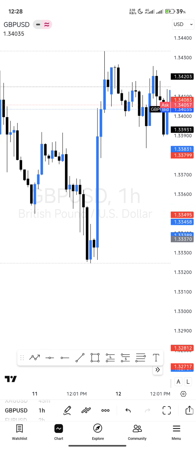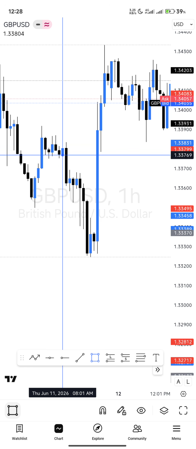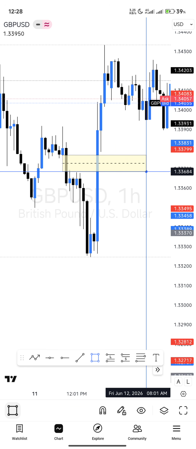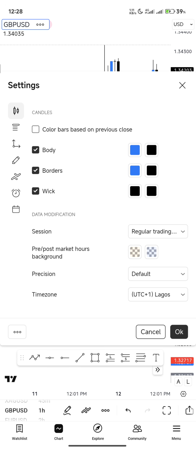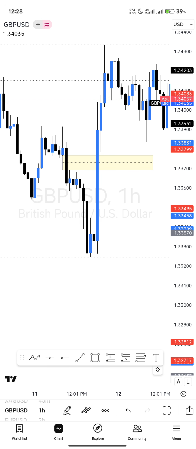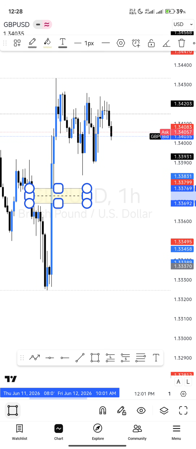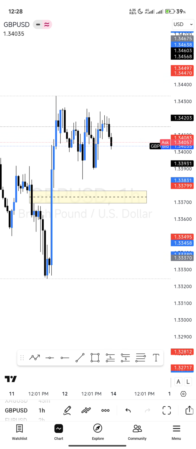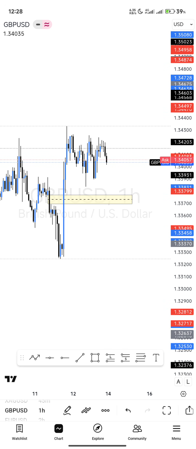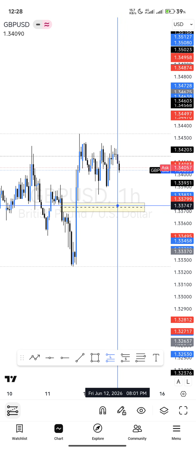Now you'd notice we have this fair value gap right here. This is a very good example of a fair value gap price had not mitigated. I hope you can see it. So now that price has broken through, price will most likely come back there to continue the buy trend. I hope you can see it. So basically that's how it is. So it looks like this.